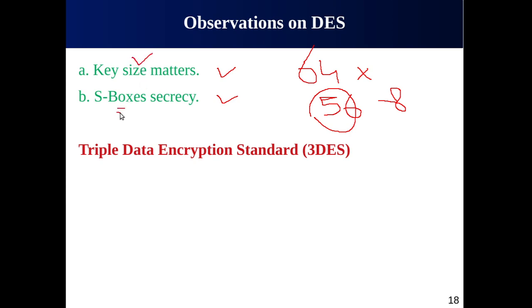The second objection is the secrecy of the S boxes. As I just mentioned, there are some hidden design elements in the DES algorithm and their internal structure was never revealed, and it became suspicious that some part of the structure, the S boxes, may have a hidden, remember the concept of the trapdoor, backdoor.